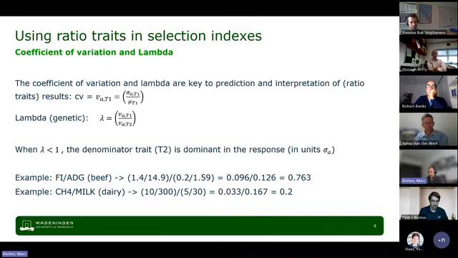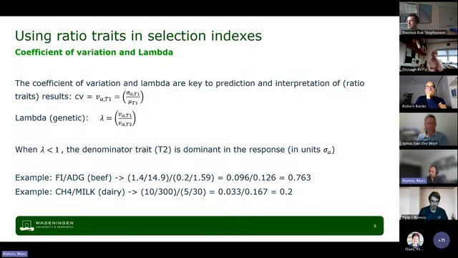To give you a little bit of an idea of what lambda means in practice, I've stated in the bottom lines here two trait combinations. In the first, we have an example where feed intake is divided by average daily gain in beef, and then you end up with an estimated lambda value of 0.76, which is close, well, in the direction of 1.